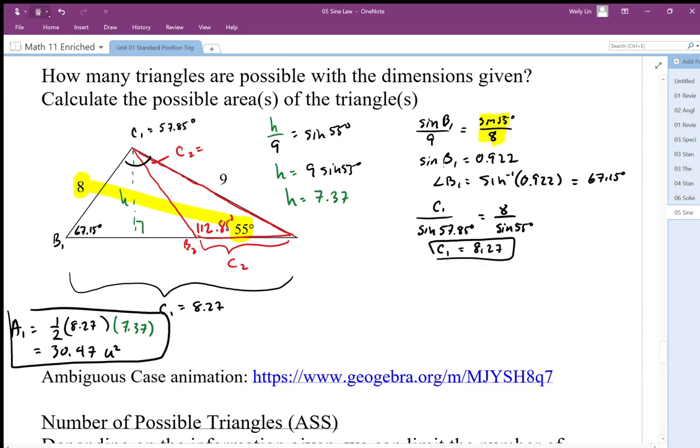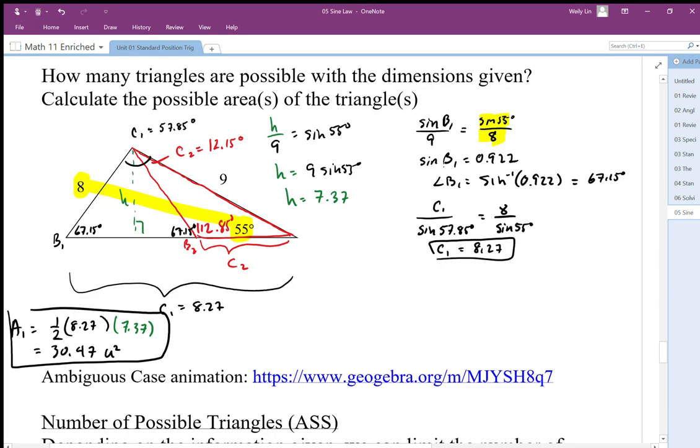That's because it's supplementary to this angle in here, because that makes an isosceles triangle with this other 67.15 degrees. So finding C2, I subtract from 180: 180 minus 112.85 minus the 55 degrees gives me 12.15 degrees.